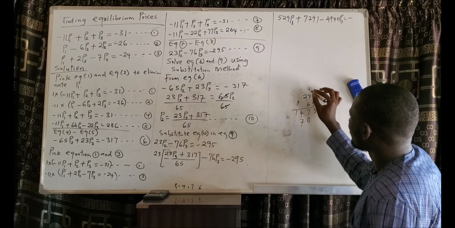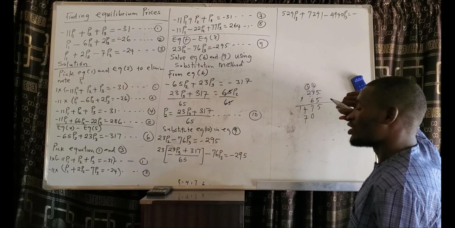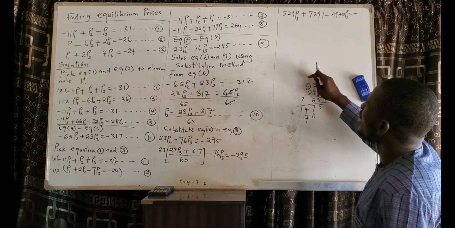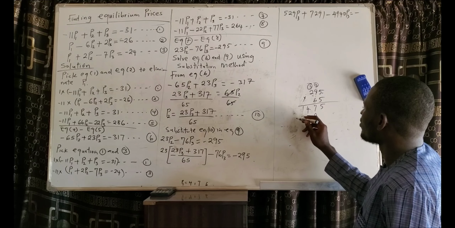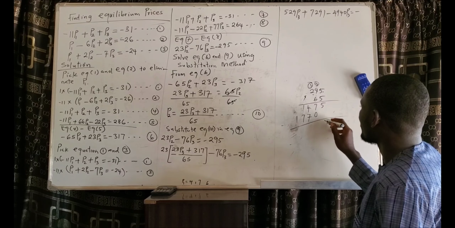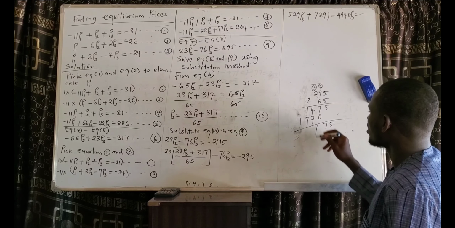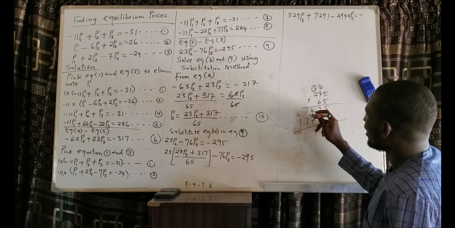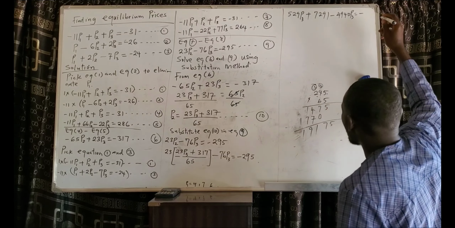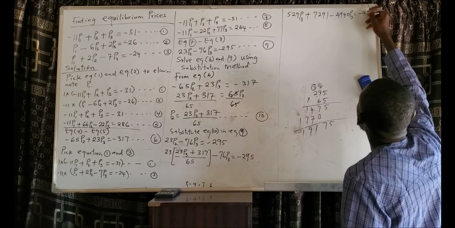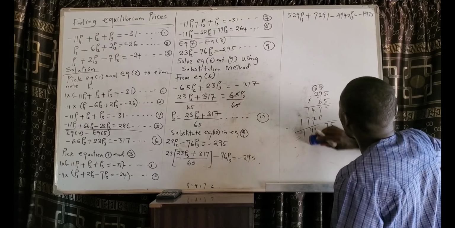Write 7, carry 5. 6 times 2 will give us 12. 12 plus 5 will give us 17. Write 7, 1. This will give us 5, 7. This will give us 11. Put 1 here. 7, 8, 9. This one will give us 1. Then we will have 19,175.